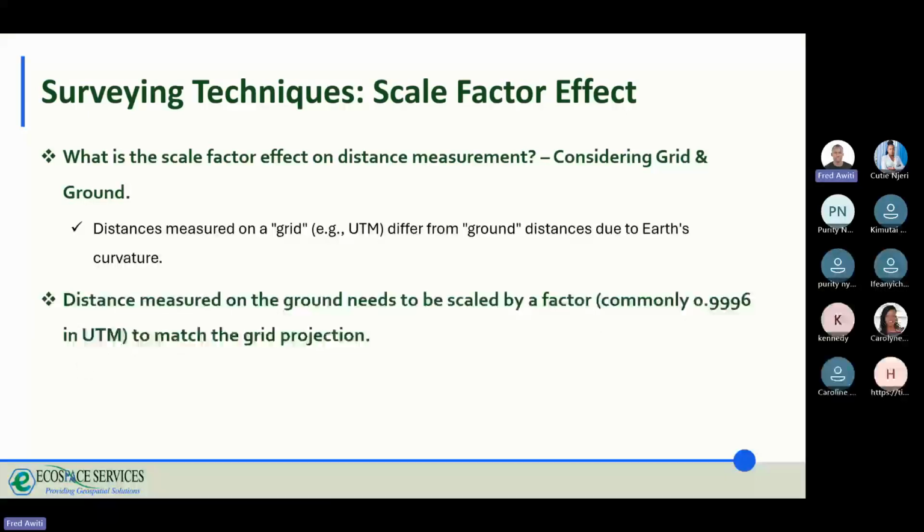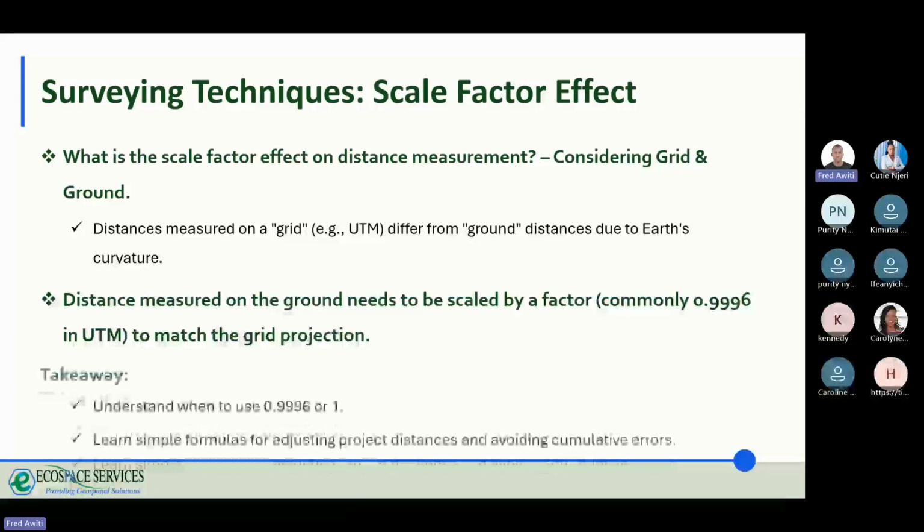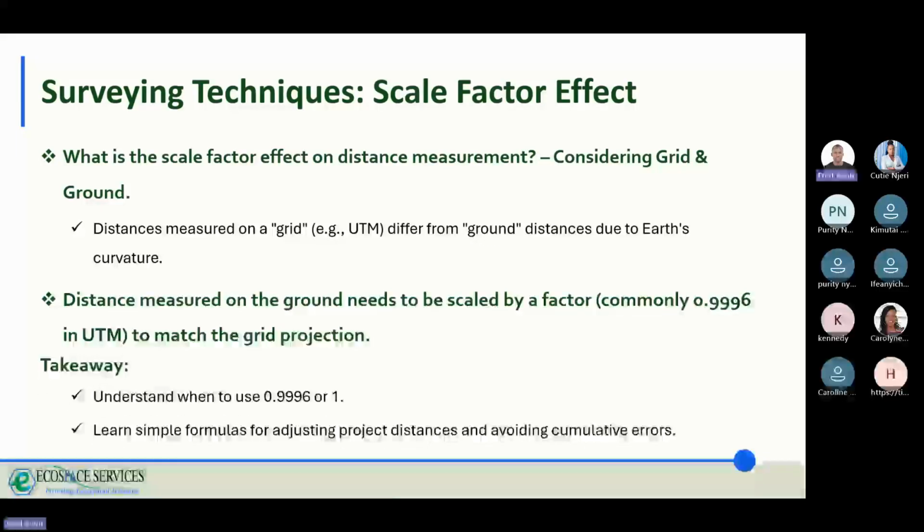There's always what we call the scale factor error of 0.9996 when you do a ground measurement and when you use a GNSS receiver. Knowing when to use the 0.9996 or 1 is very key.